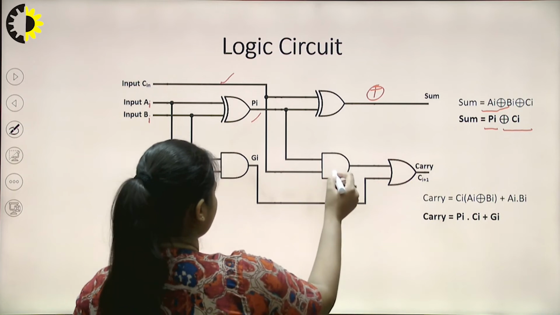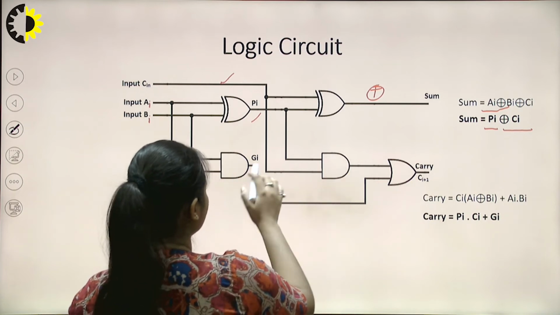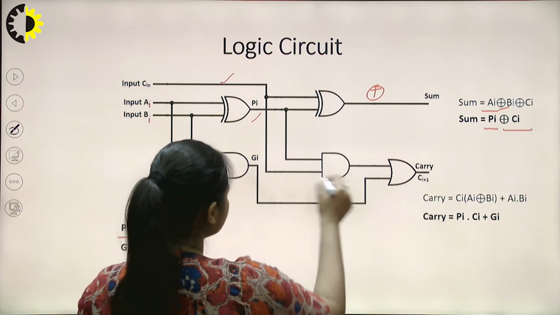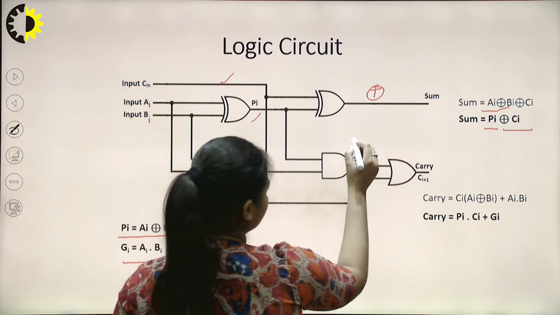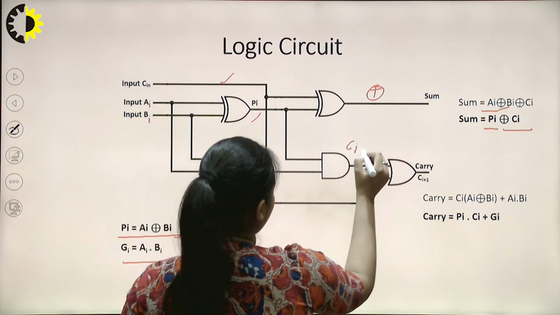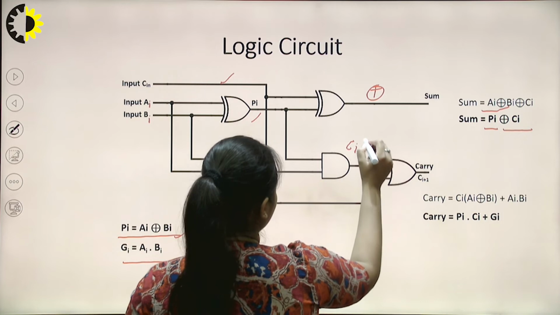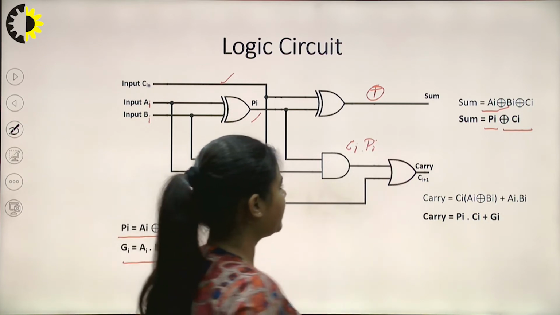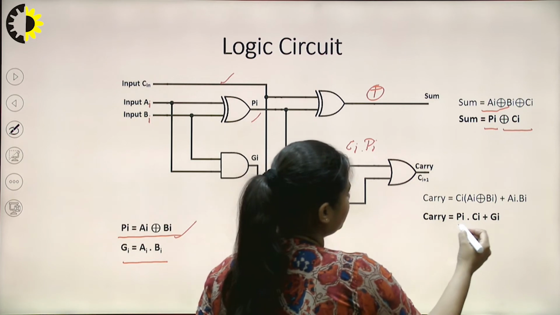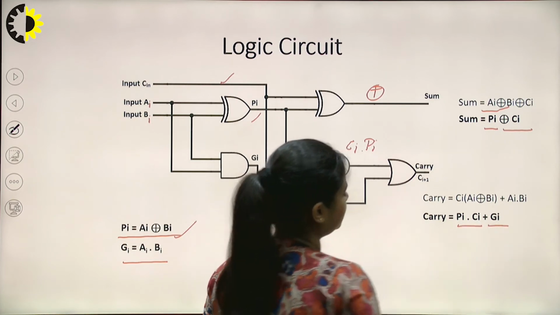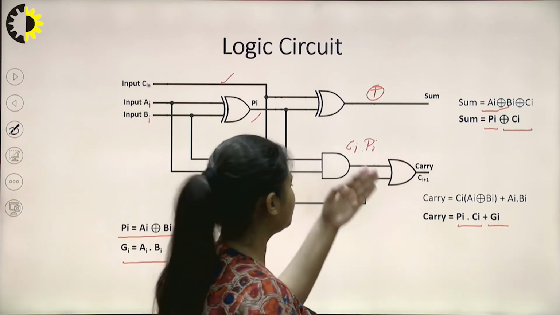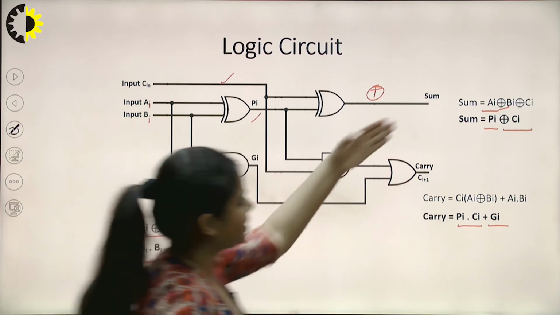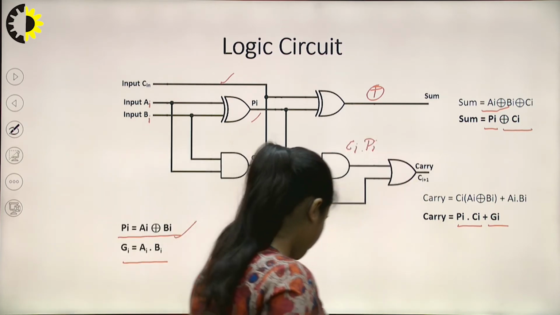Here this AND gate is generating Gi, but this AND gate is generating Ci and with Pi, and the final carry is Pi dot Ci plus Gi. So we have the equations of final sum and final carry.